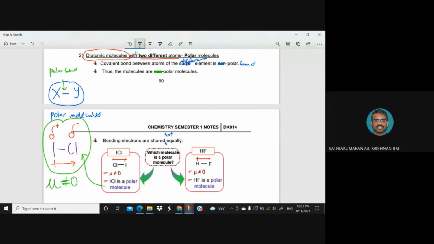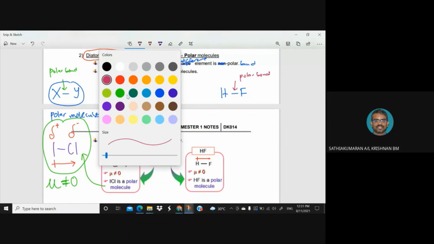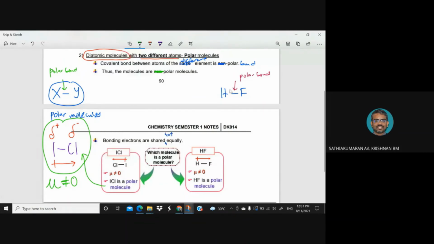Let us see another example. HF. This bond is a polar bond. Two atoms with different electronegativity, so there is a bond dipole. This one is the negative dipole, and here will be the positive dipole.